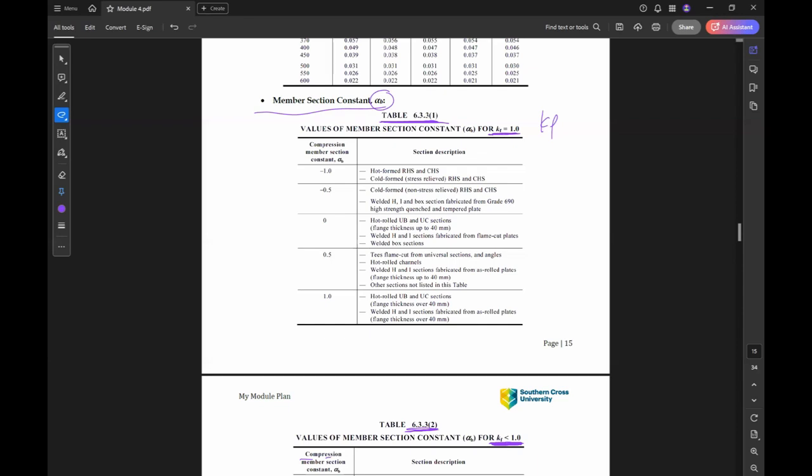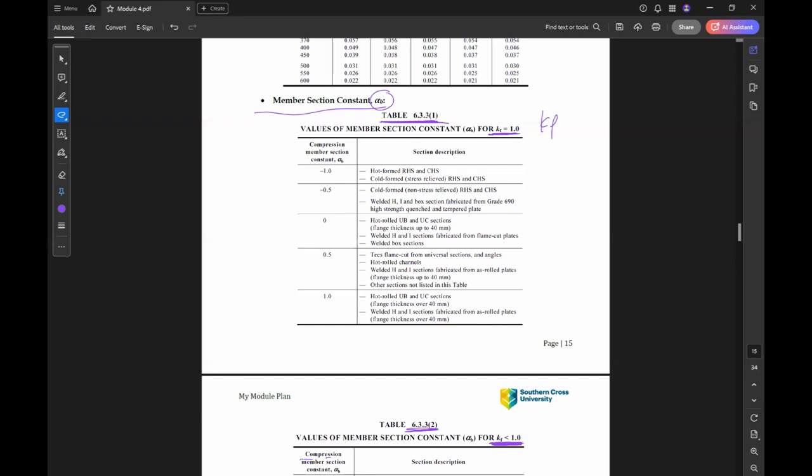But before we proceed, we have an important part. When we calculate lambda n, because we need lambda n to access this table, lambda n equal to L effective divided by r times root kf times root f yield over 250.